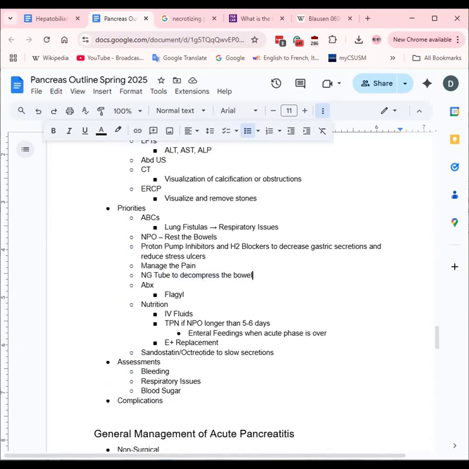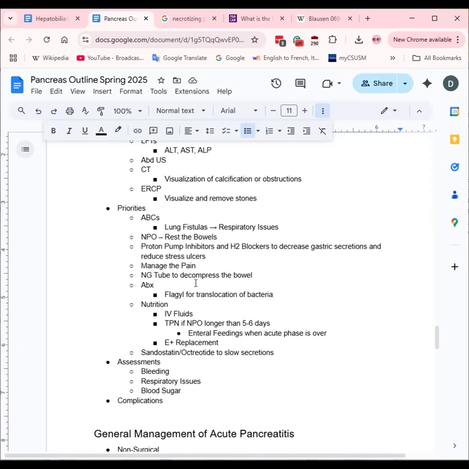Antibiotics to prevent, what's it called, the translocation of bacteria. And then nutrition stuff, because this person is not able to take in fluids or food because they should be NPO. Then they're going to need IV fluids.